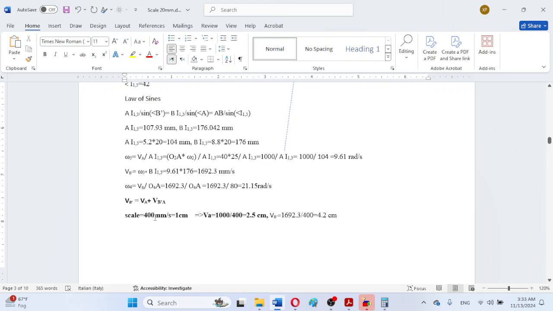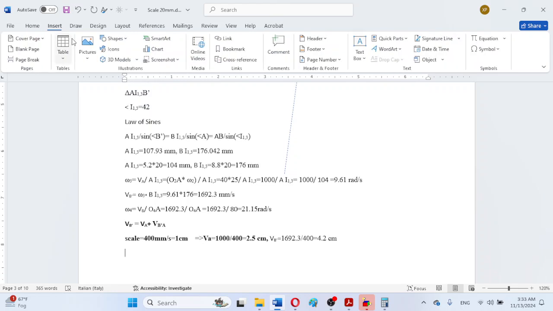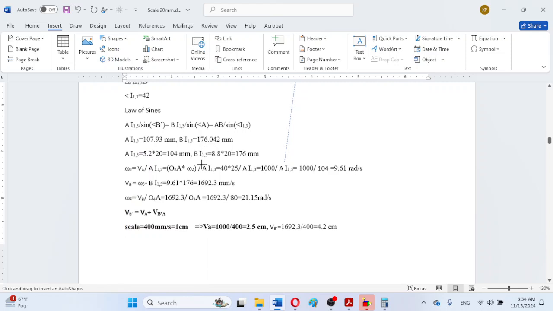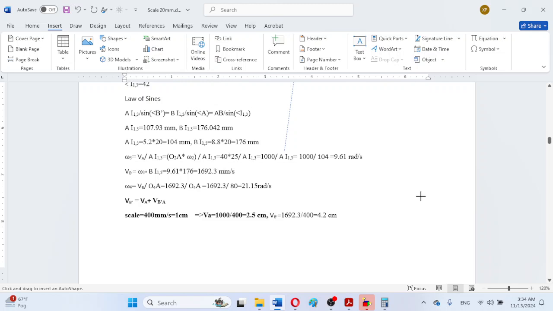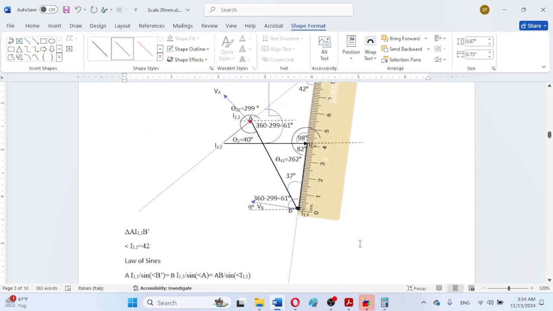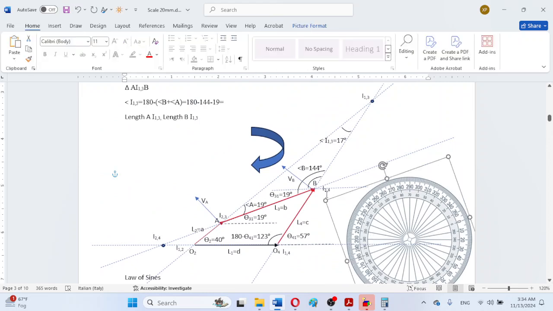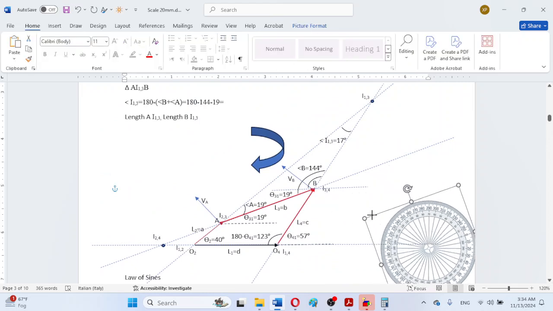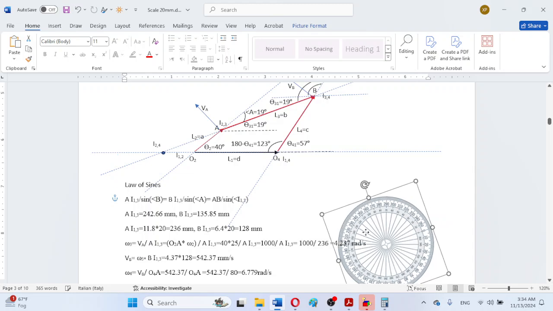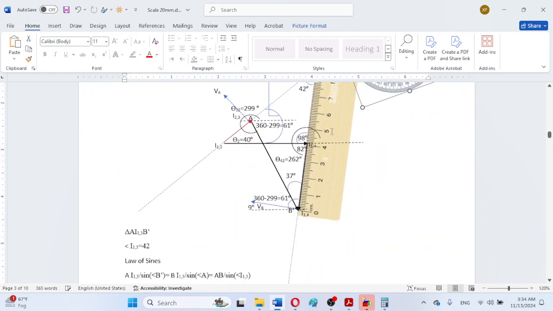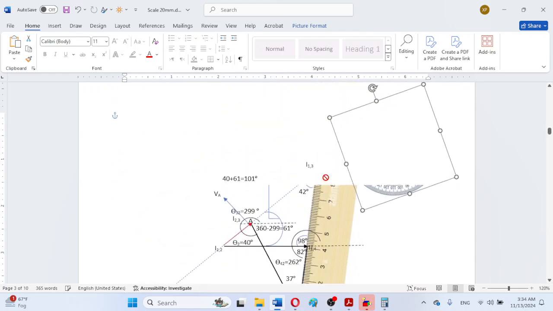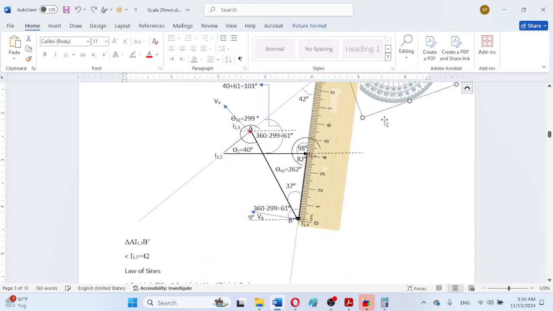So first of all, according to scale, here at this location, for example, we can draw velocity VA, and we can use the protractor. Just move it from here on to the next page, bring it here, no issue.